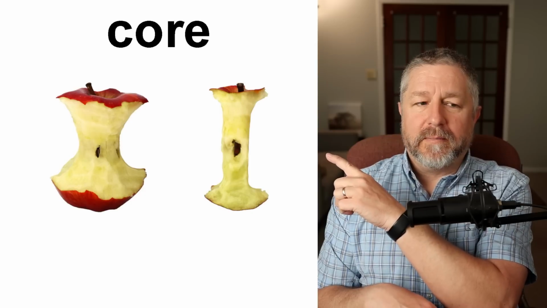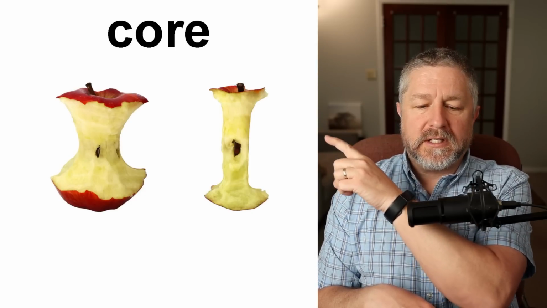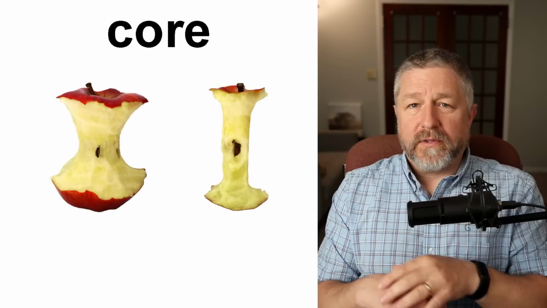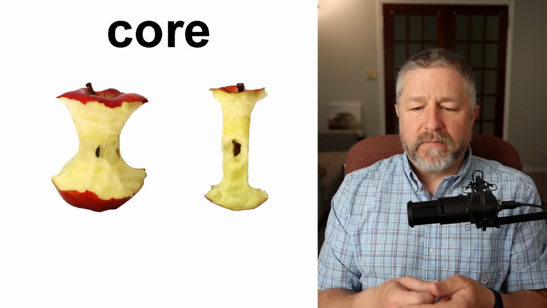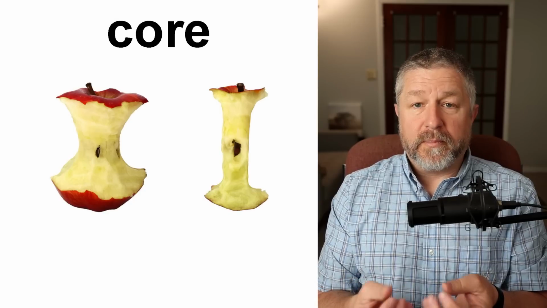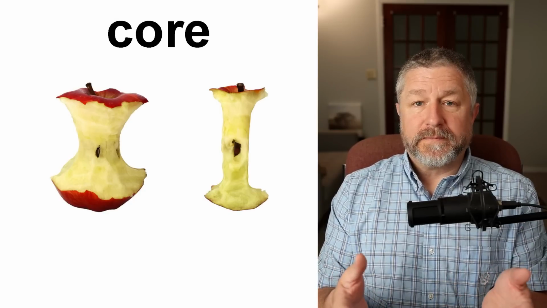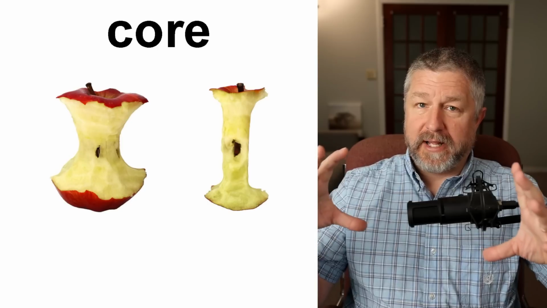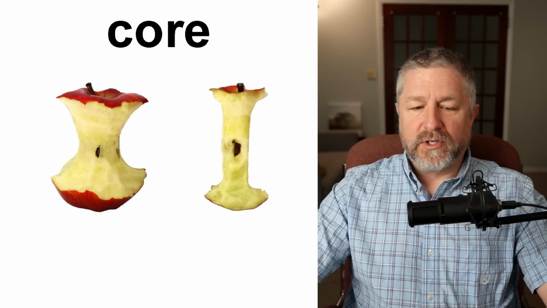Again, we aren't talking about the seeds. They are part of the core, but this entire thing is called the apple core. It's the part of the apple that you don't eat. Not all fruit has a core, but apples do. And the earth also has a core. So the earth, the entire planet, the center of the earth, we would call the earth's core.